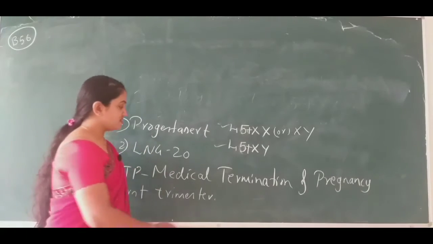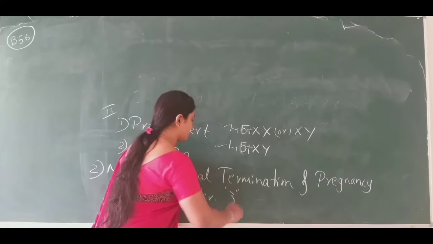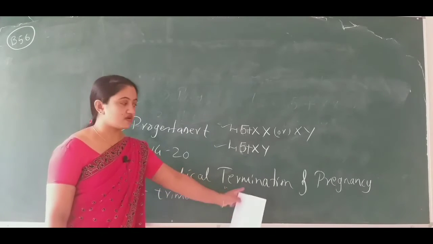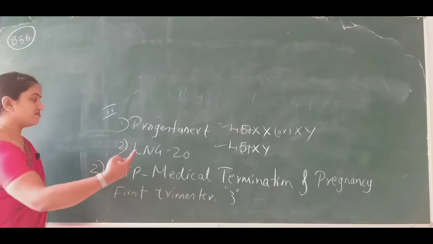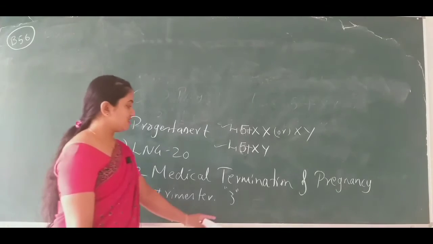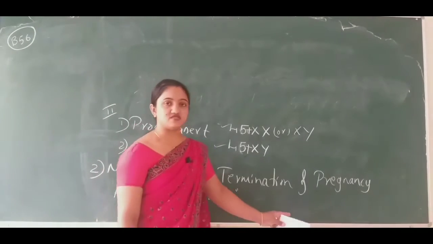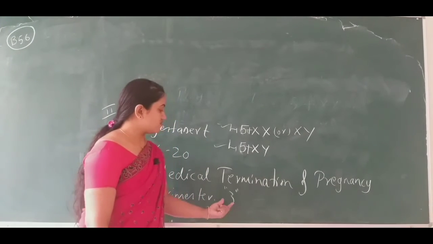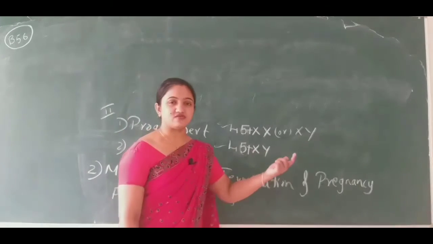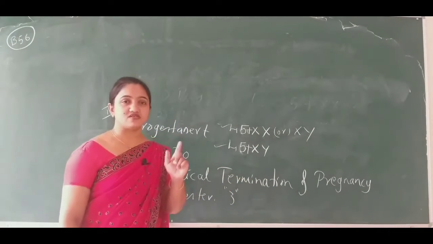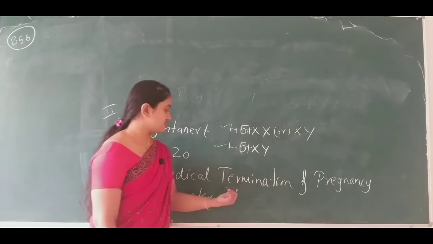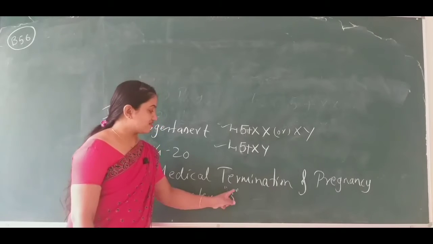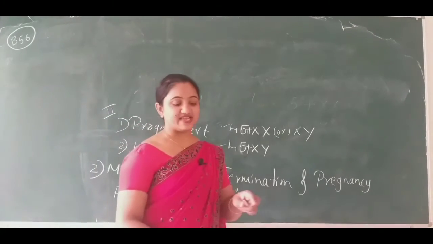In sense, the first 3 months of pregnancy will be the safe period for termination of abortion. After that, the baby or the fetus will keep on developing the digits and the limbs, so that will not be the safest period for the termination. If they want to terminate their fetus, the right period will be the first trimester.